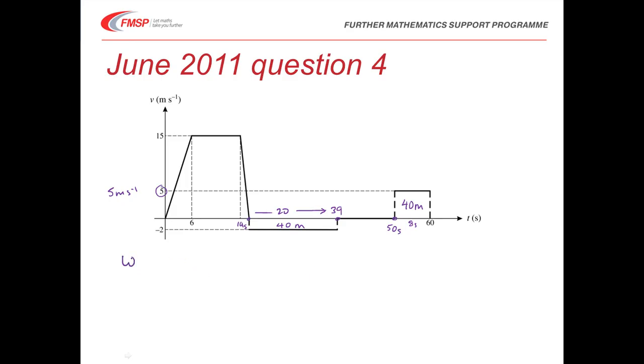The only thing is, having written all that on the graph might not convince the examiner, so I'm just going to write down what I think we should put. Well, first of all, he walks back 20 seconds at 2 meters per second. That scribble is a multiplication sign. And that's 40 meters back to the shop.